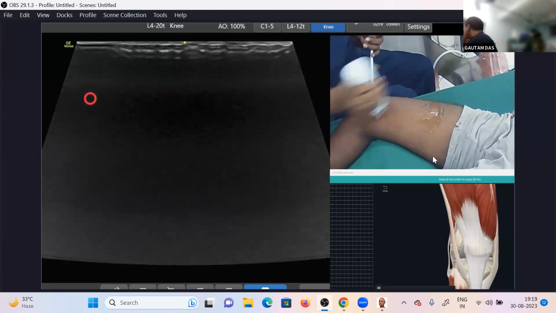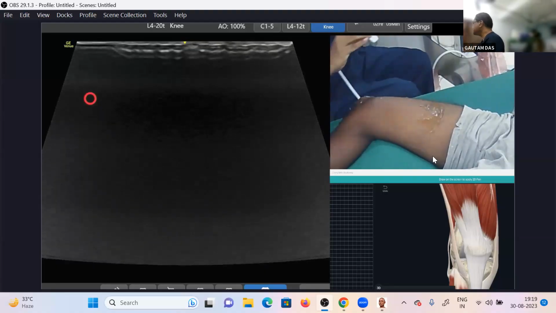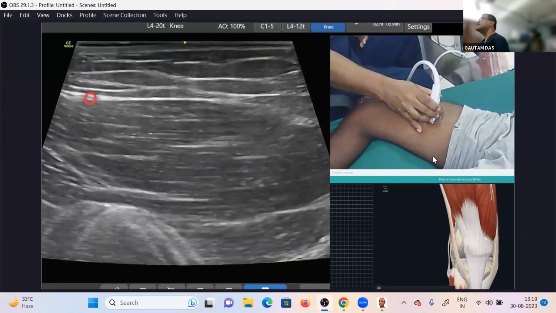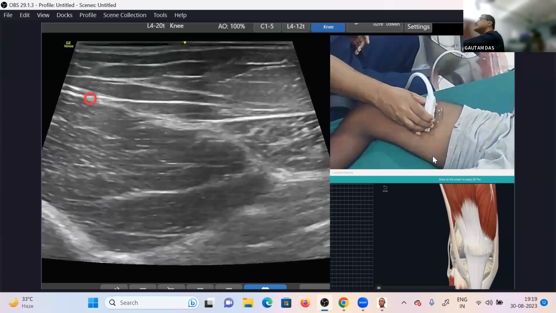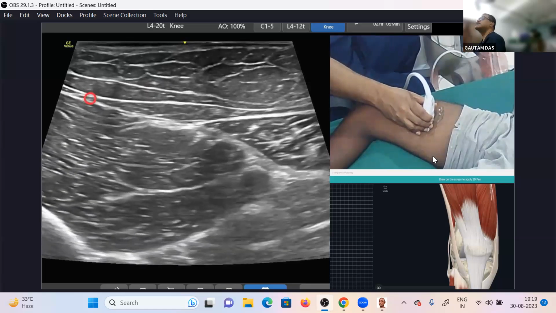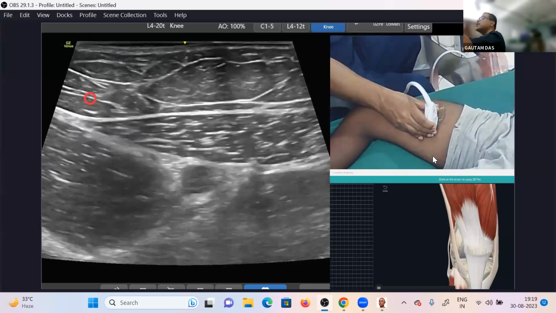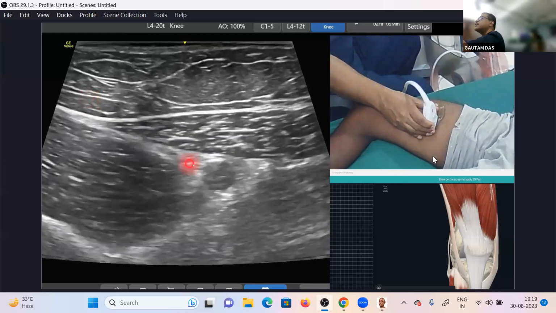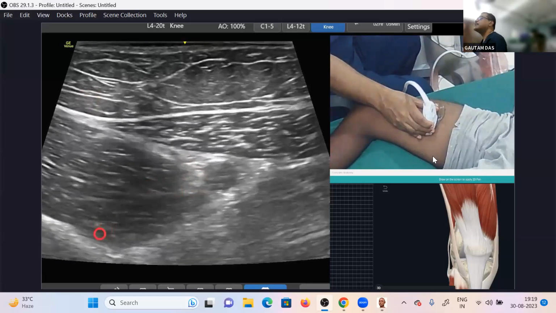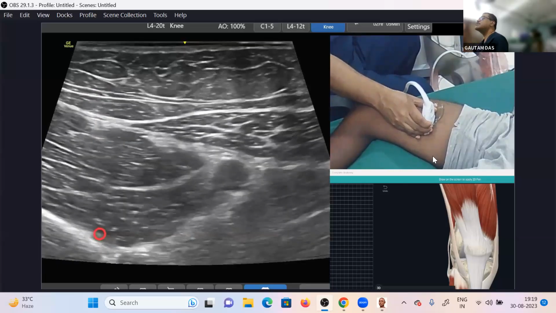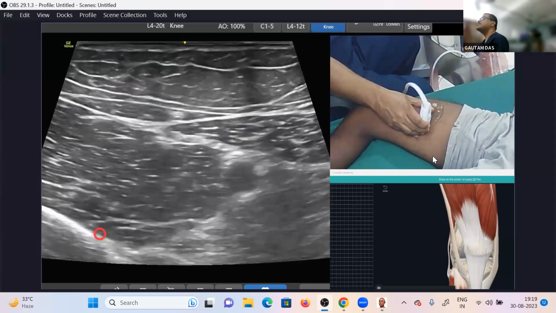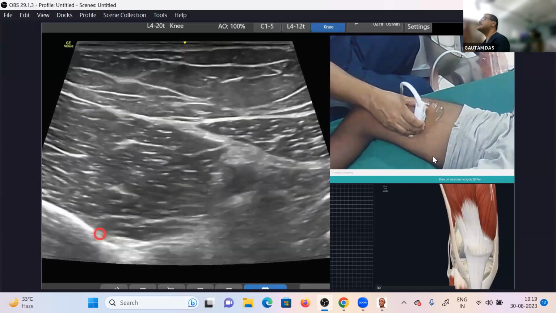I lost it. So adductor canal block is done here. The needle should be coming like this, and it will be going, injecting here. I'm just trying to place the nerve.